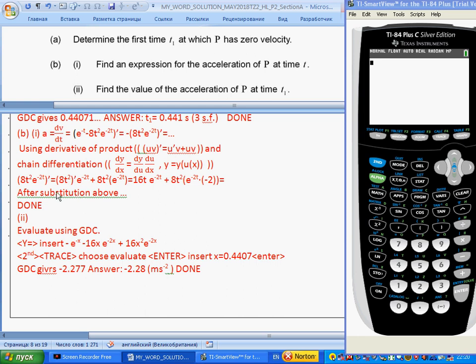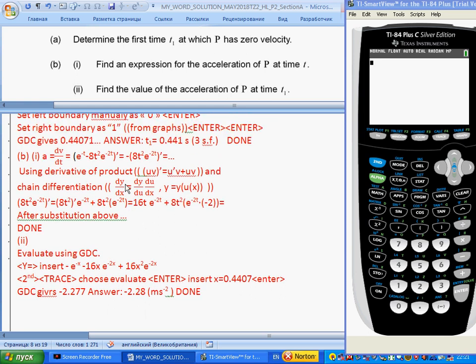Here no problem, a t squared becomes 2t, e minus 2t is e minus 2t, and derivative of minus 2t, which is minus 2. After substitution, right, so here I have a mistake. Here I forgot to put e minus t here. So this question is done.